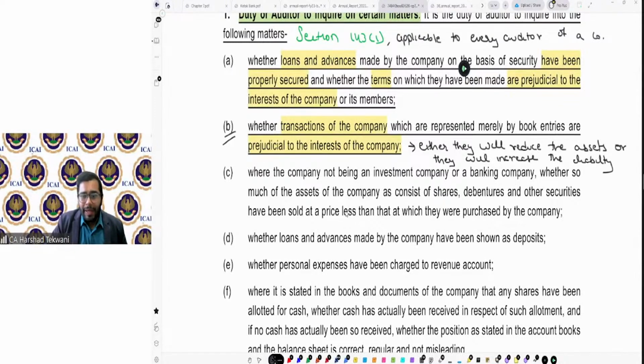If a book entry is either reducing your asset or increasing your liability, then there are high chances that it could be prejudicial to the interest of the company when this is only passed through a book entry.